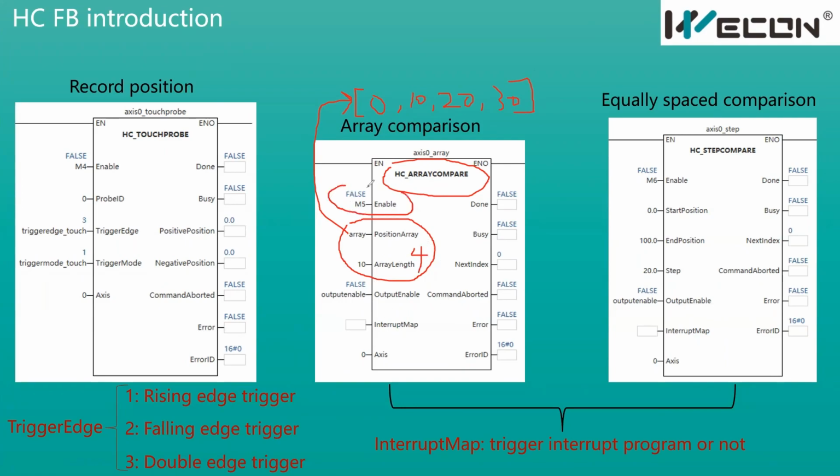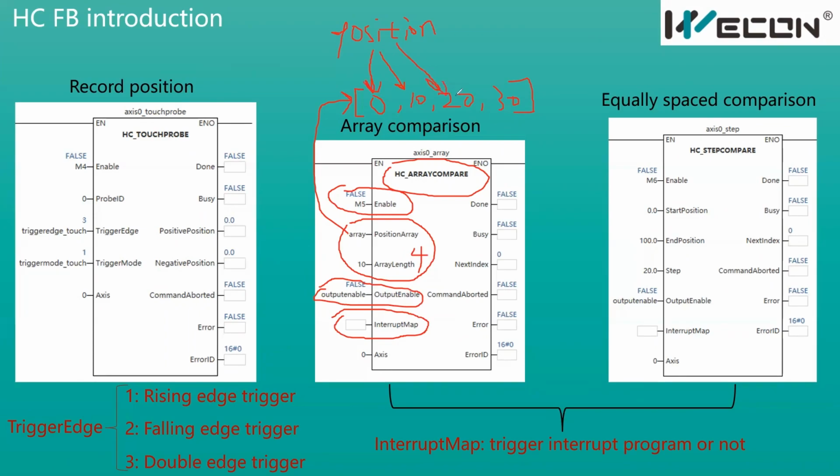So when we execute this function block, when the counting position becomes 0, our Y terminal will output 1 time, and this interloop program will be executed 1 time. And when the position achieves 10, this Y terminal will output one time again, and this interloop program will be executed again.